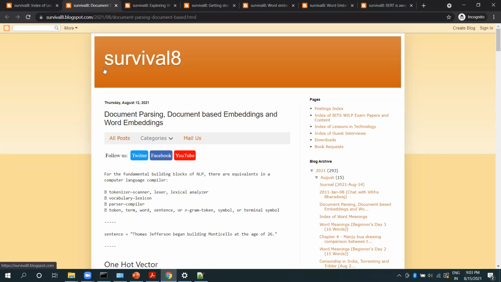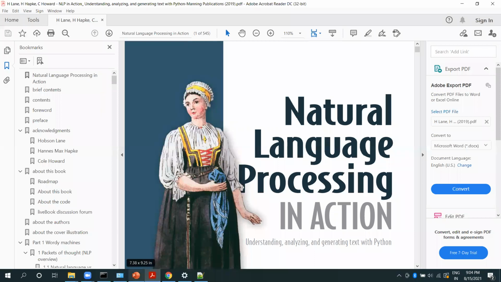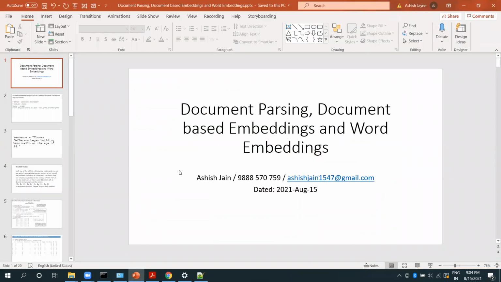The process of natural language processing starts with document parsing and document word embedding. Whenever you get some text, what would you do with it?